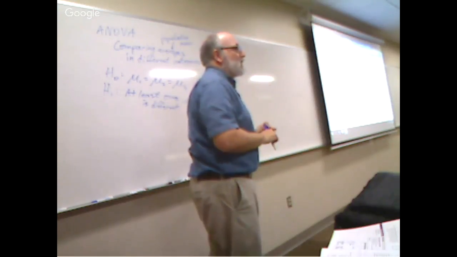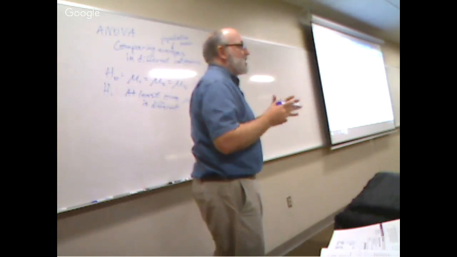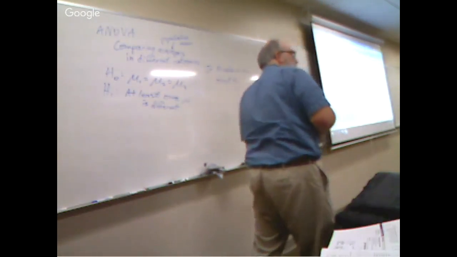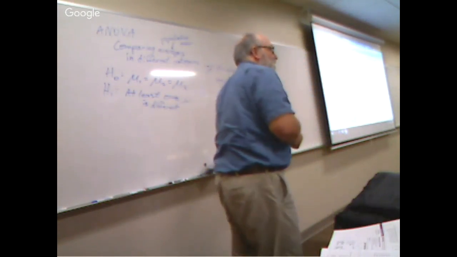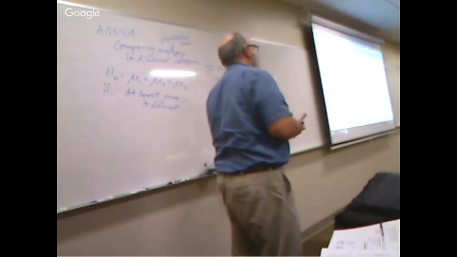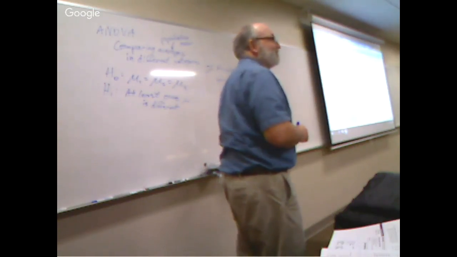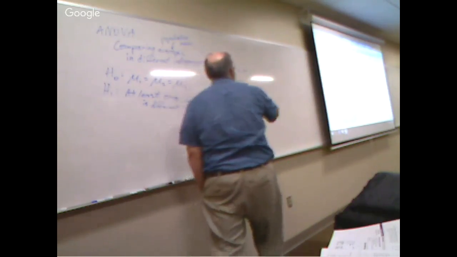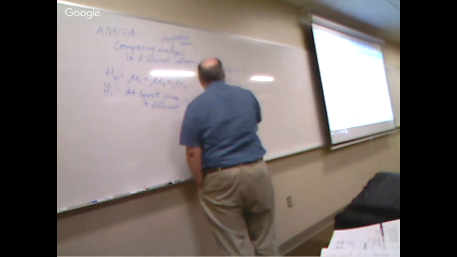Why are we going to reject the null hypothesis? How did you decide to reject the null hypothesis? I looked at the alpha numbers and the p-value. Okay, and what did you find? I found that the p-value is less than alpha. That's right. So p-value is less than alpha, so we are going to reject the null hypothesis.